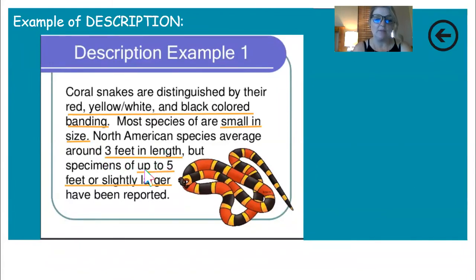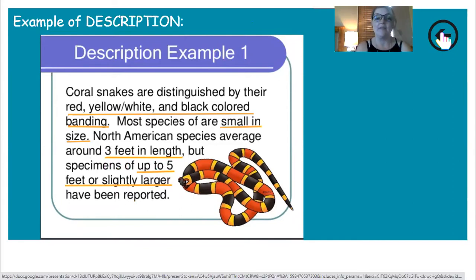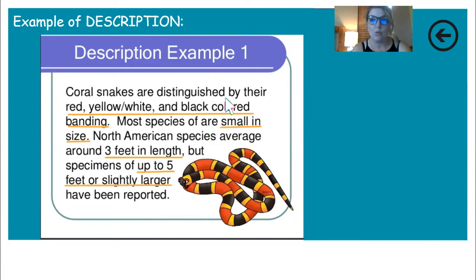And then talking about them getting up to 5 feet or slightly larger. So these are all things that we can tell we are talking about describing something. Okay, so I hope you see how that works. We have an example, and now we have our clues. We've underlined our clues. Why is this a description? Okay.